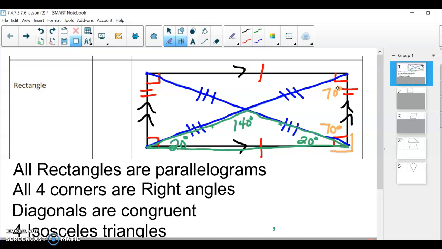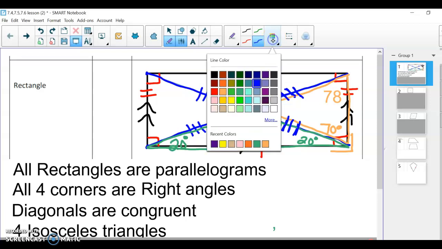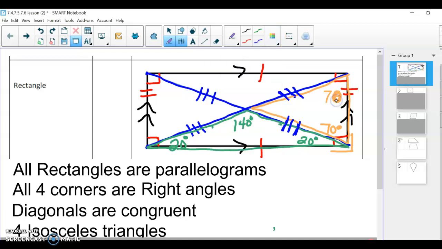Because again, remembering that this triangle would be isosceles because this side right here was equal to this side right here. So in that orange triangle, those two blue pieces are equal, therefore it's isosceles. And it auto changed on me here. This was supposed to be 70, not 78.